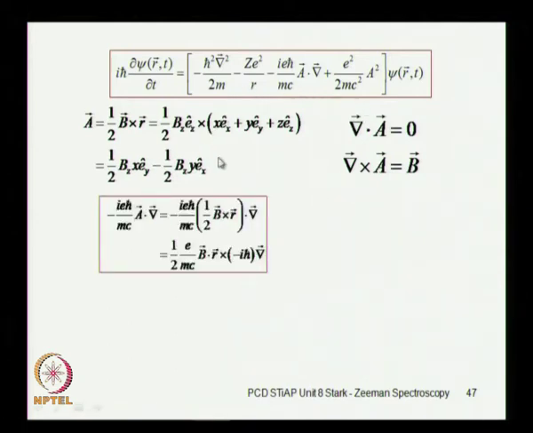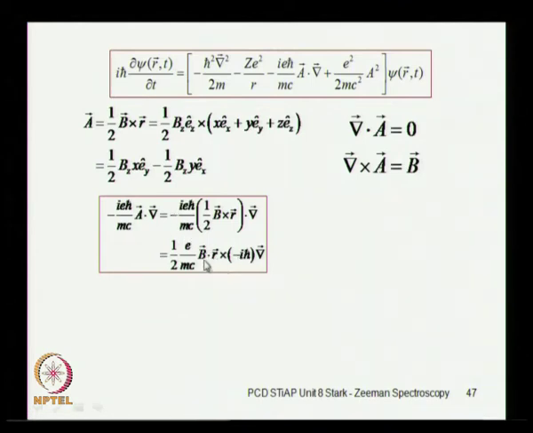If you put this vector potential in A dot del, then A is replaced by half B cross r. So, you have got a triple product here, where cross and dot can be interchanged. So, you have got a B dot r cross gradient term, and if you take this minus i h cross along with the gradient operator, you recover the momentum operator, but you have got a minus sign coming from here.